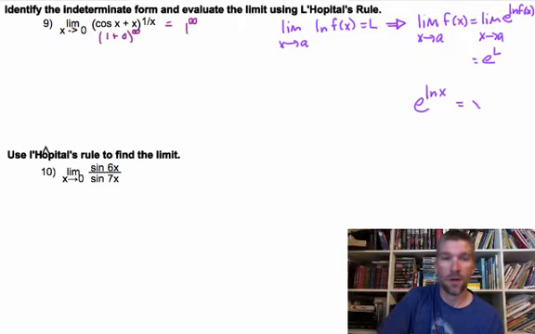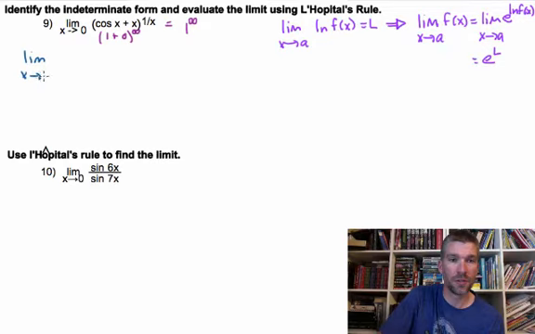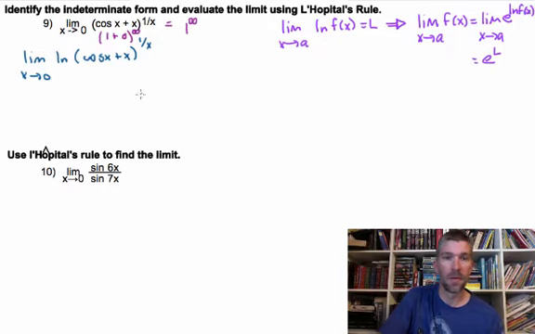Well, let's apply that then to this problem right here. So we're going to have the limit as x approaches 0 of the natural log of the function cosine x plus x to the 1 over x power.